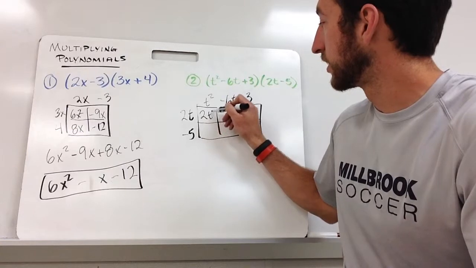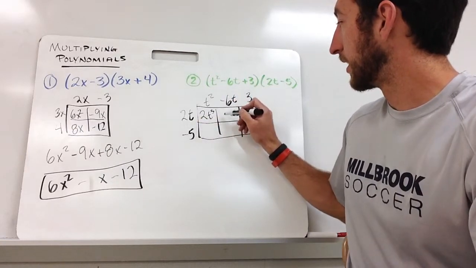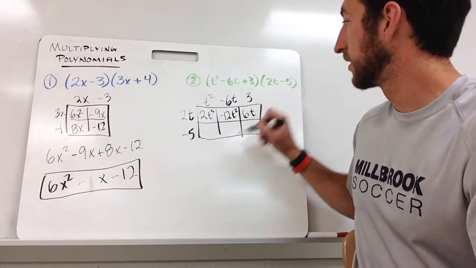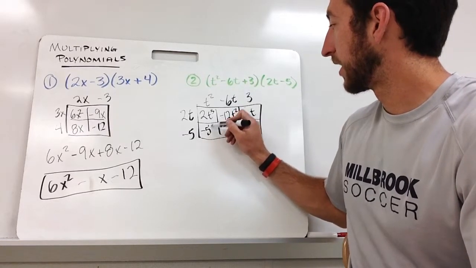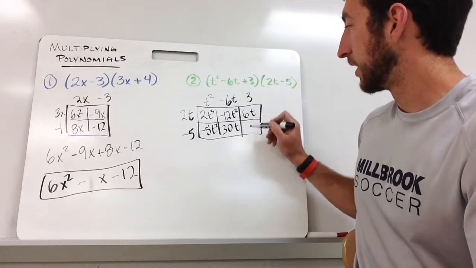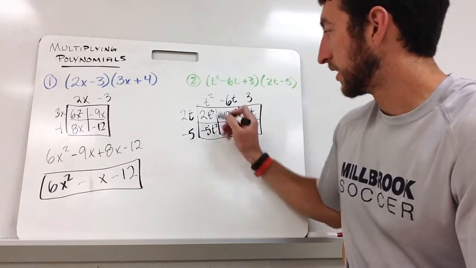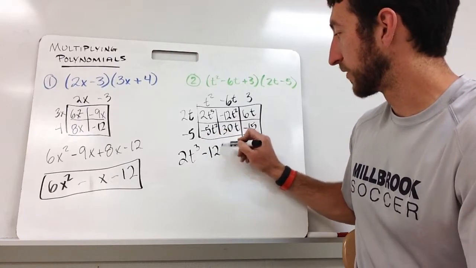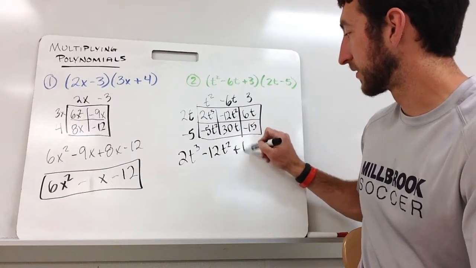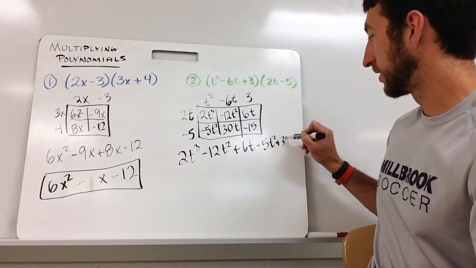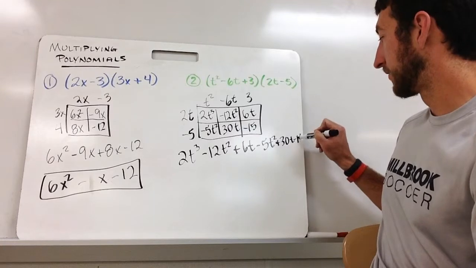So I got 2t cubed, I got negative 12t squared, I got 6t, negative 5t squared, 30t, and then I got negative 15. So I add all of these together: 2t cubed, negative 12t squared, plus 6t, minus 5t squared, plus 30t, minus 15.